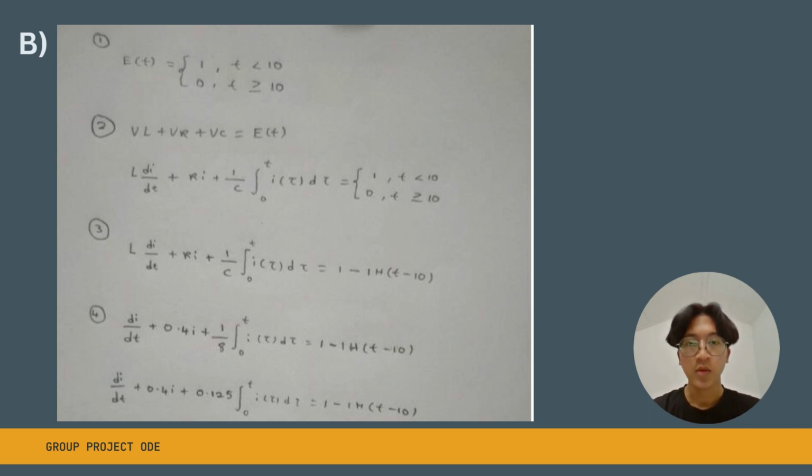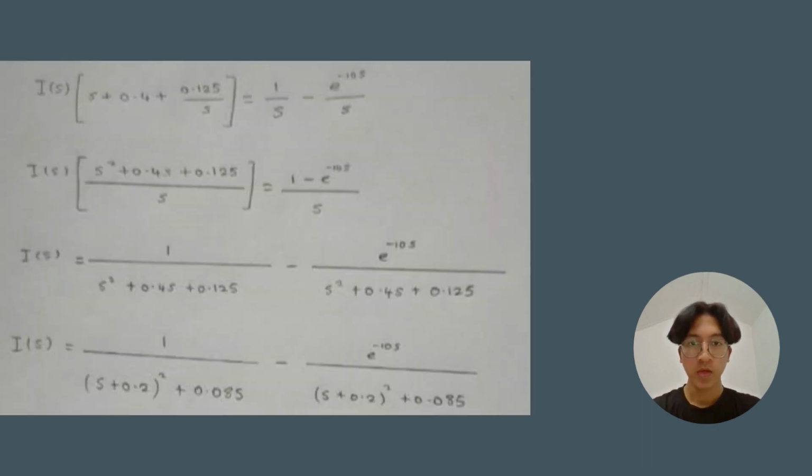For the fourth, we have to substitute the values of R, the values of L, and the values of C. So here we can look, we have done the substitution for R, L, and C. So next, for the next slide, I will explain how we get this equation.